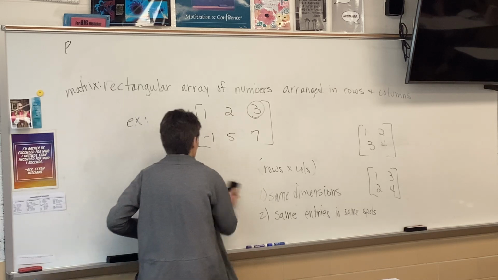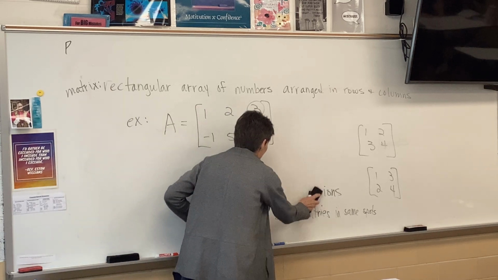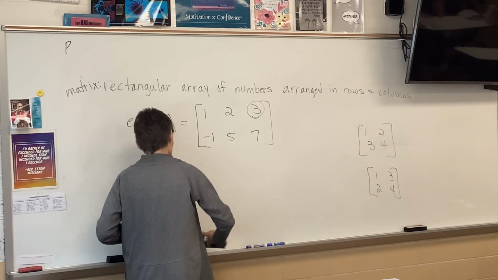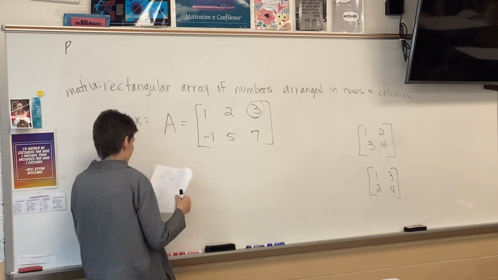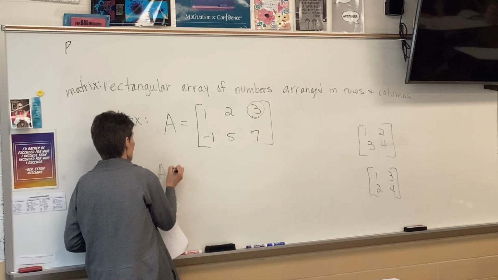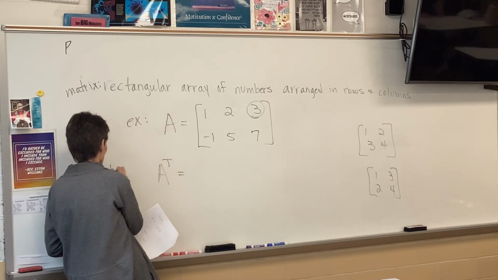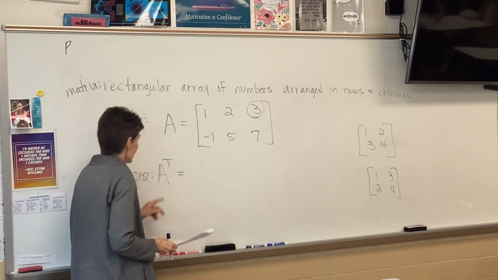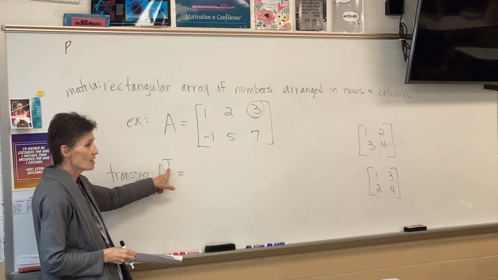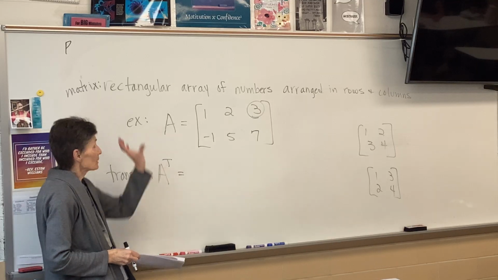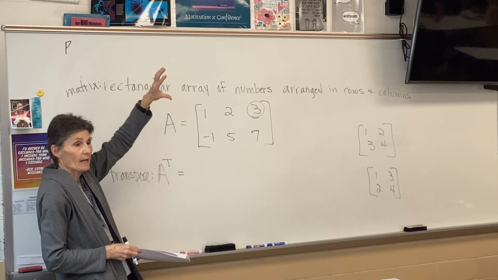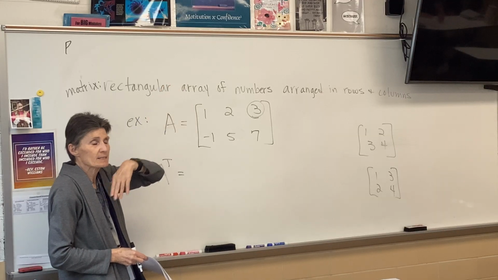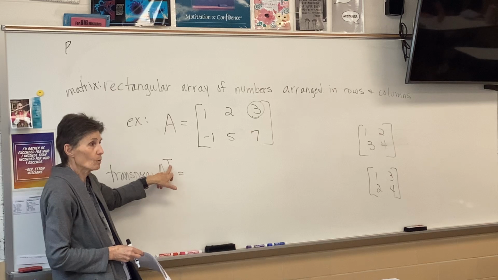Oh gosh, there are lots of things you can do with matrices. A couple of the big ones are the transpose. The transpose is denoted with a superscript T, like an exponent type T. I like to use uppercase, but sometimes you'll see a lowercase t.